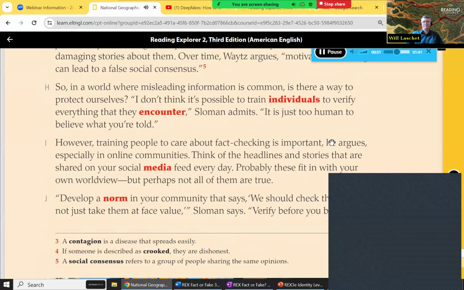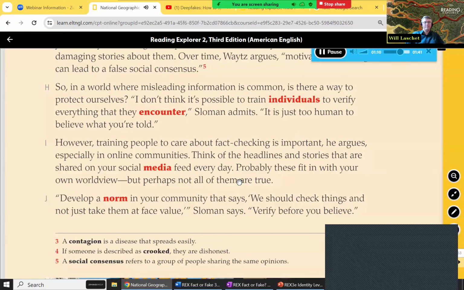So, in a world where misleading information is common, is there a way to protect ourselves? I don't think it's possible to train individuals to verify everything that they encounter, Sloman admits. It is just too human to believe what you're told. However, training people to care about fact-checking is important, he argues, especially in online communities.